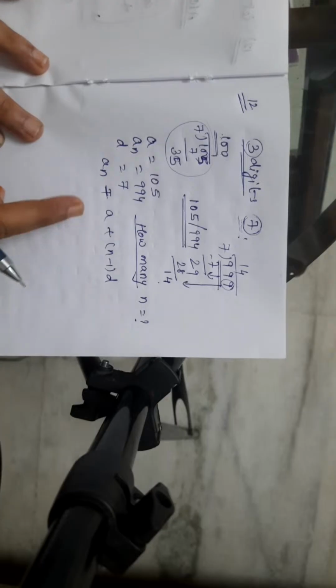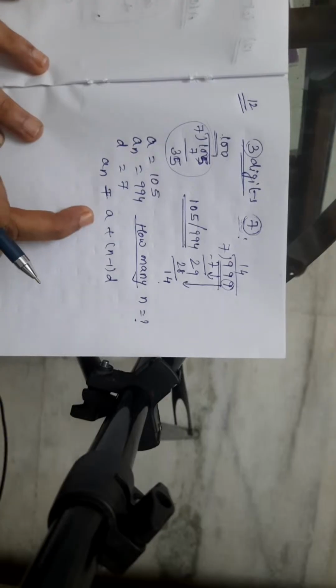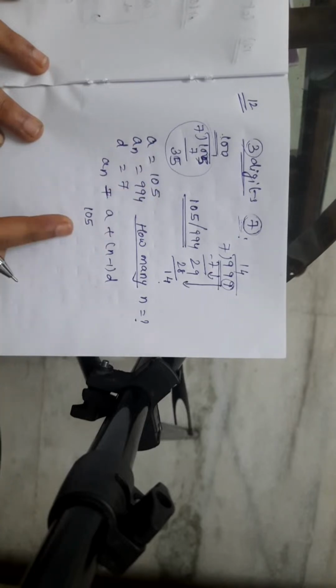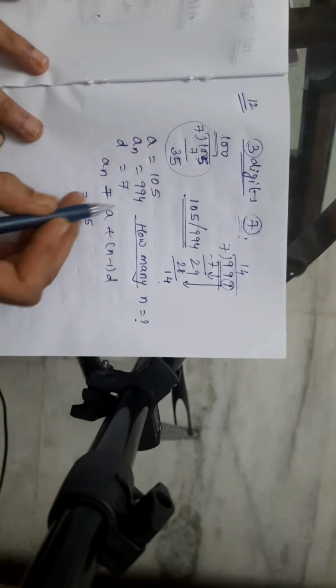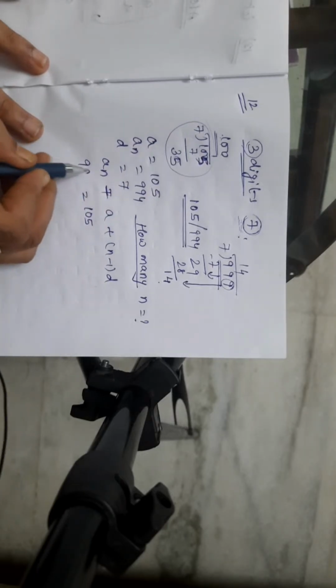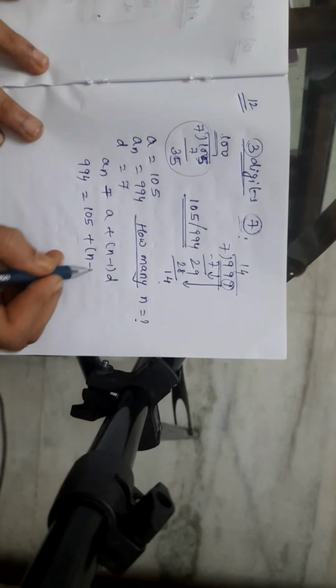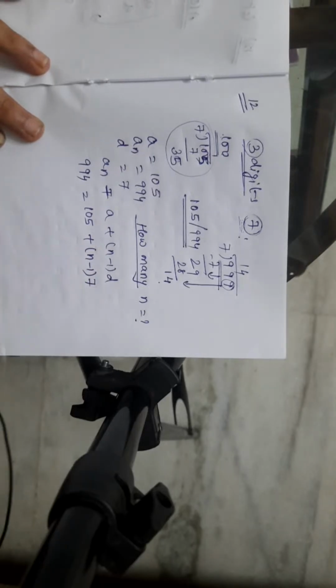Here the value of a is 105, so let's replace it with 105. The last term we already got is 994, so replace an with 994. n is the question mark. d is 7.